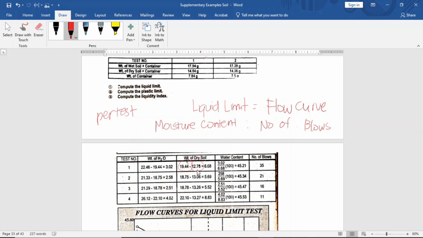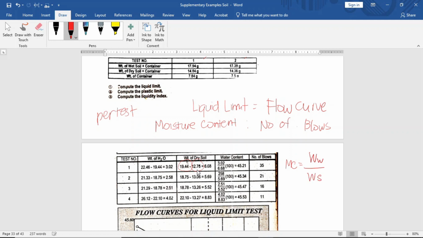So, ito na yung ano natin. Parang, yan na yung ano natin. Formula, mga, so, 6.68, 5.69, 5.52, and 8.83. So, tulad nga, may formula tayo na moisture content is equal to the weight of water all over weight of solids.